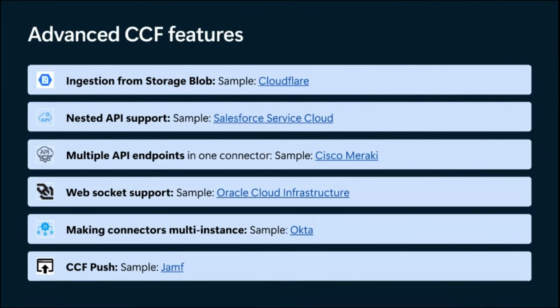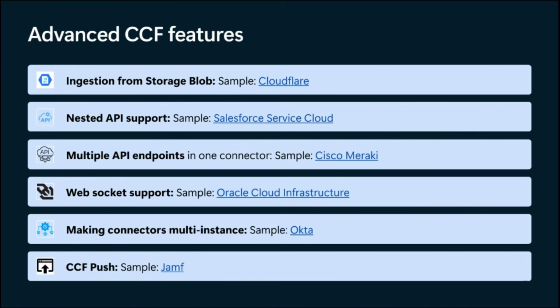So there are some advanced CCF features which we have built in the last year or so. So we have direct ingestion from storage blob. A sample connector like that, which we built, is for Cloudflare. We also support nested APIs. So the Salesforce Service Cloud connector works on this technology.